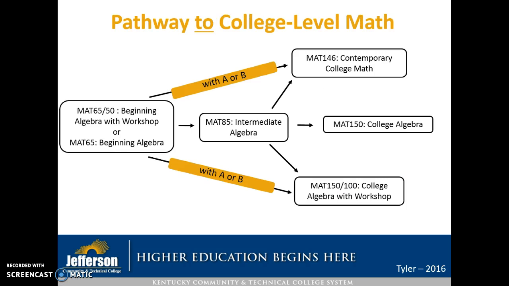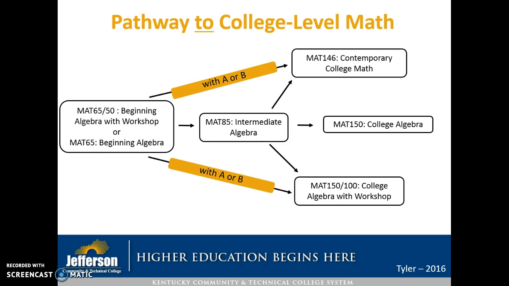Suppose you are starting math at Jefferson beginning in Math 6-5, which has the required 50 workshop with it. So that would be 2 classes with the same instructor. The first class would be your Math 50, where you learn more about being a college student and get extra math help and content there, or you may just be in a regular 6-5.